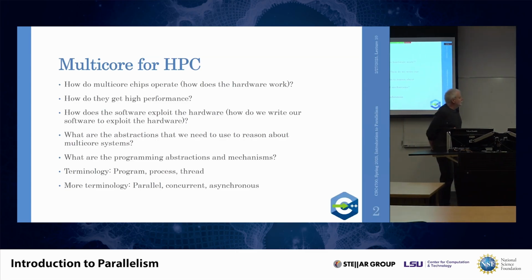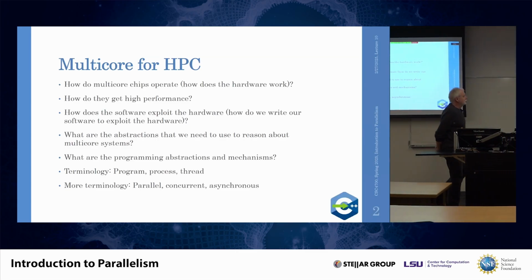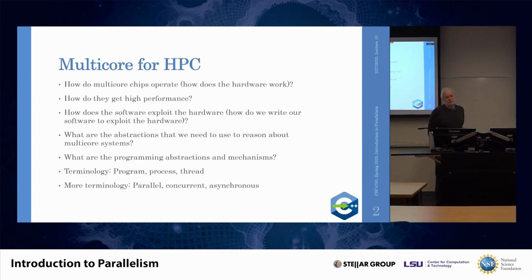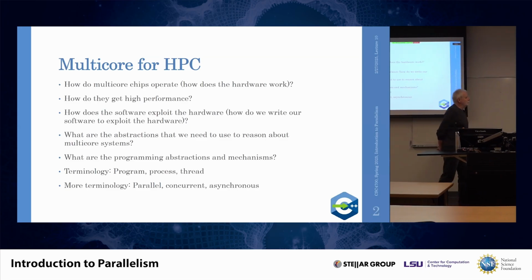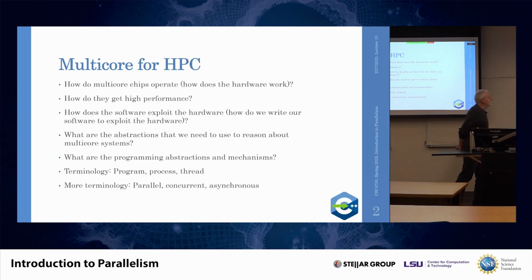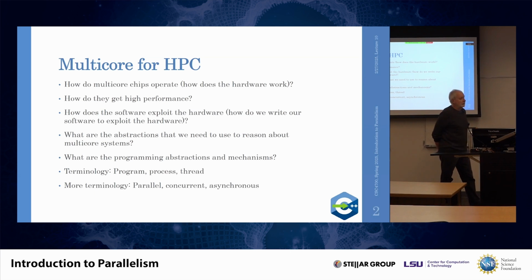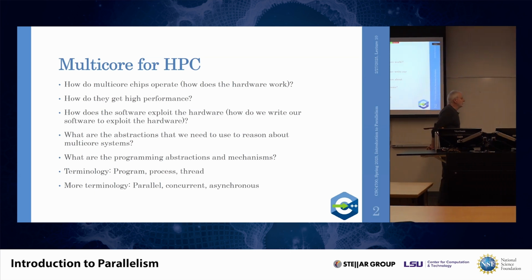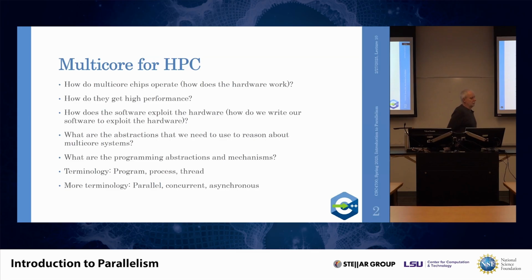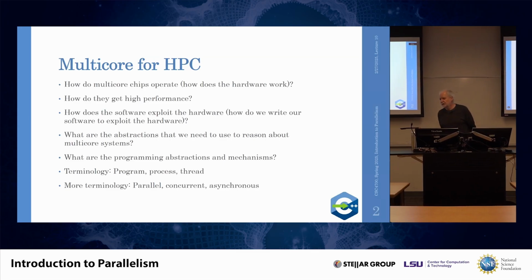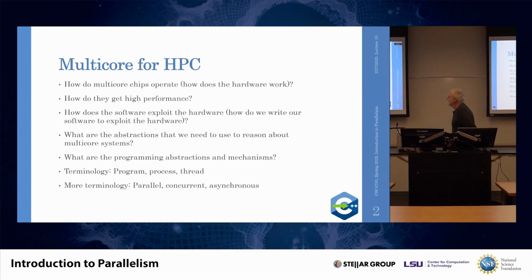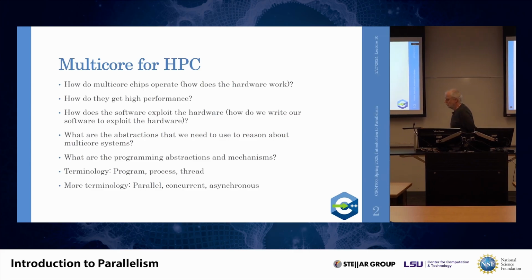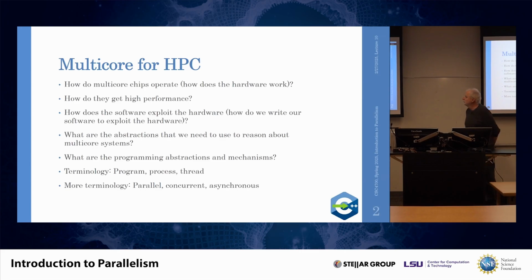So I will talk a bit about how multi-core chips operate, and we referred to that many times. I will just quickly get back to it. How do they get to high performance? How does the software exploit the hardware? That's a topic that is recurring in these lectures. What can we do in the software in order to exploit hardware to the best possible?